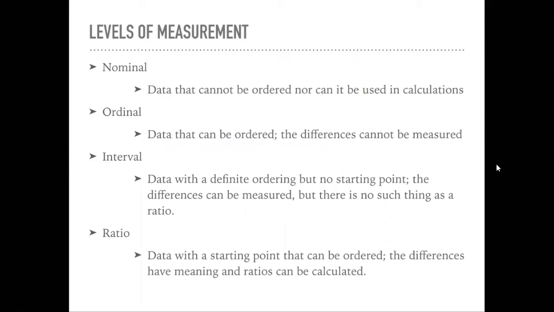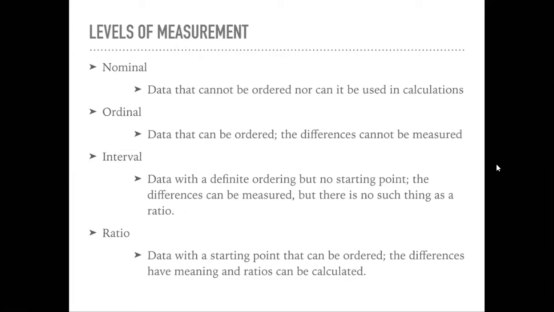So if you're thinking about the time that it took to drive to school today, well, if you didn't drive to school today, it was 0 minutes or 0 seconds, which means it took no time because you didn't do it, right? So anything like age and time and weight, basically all of your numerical measurements, except for those that we listed in interval, all of the rest of the numerical measurements are going to fall into ratio.